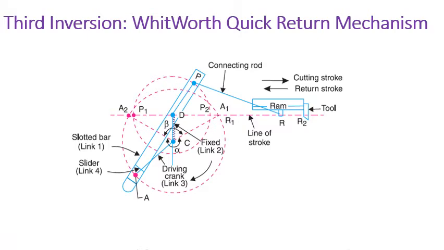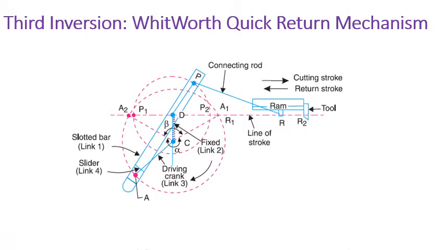So in this mechanism, the driving crank, that is link number 3, rotates in a clockwise direction with uniform angular speed. The slider A, which is attached at the end of the driving link, also reciprocates in the slotted link.